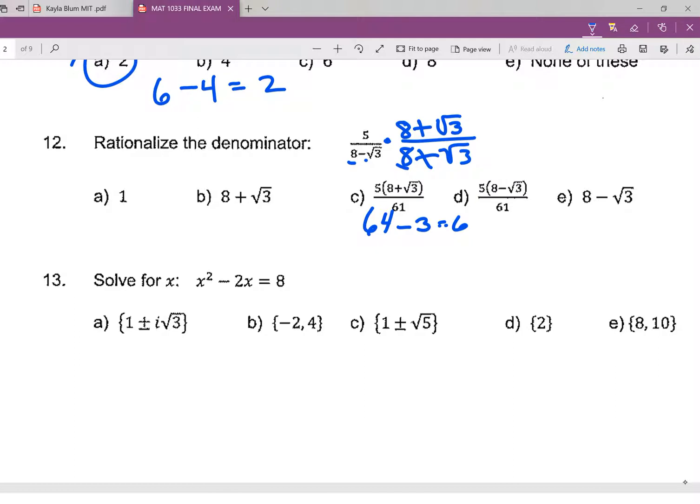So we already know that the answer choices are either going to be this one or this one, just based on that. Now the other little hint is that 8 times 5 is obviously 40, and they don't even ask you to distribute, so if you notice you have 5 times 8 plus square root of 3, there you go. And that's your answer choice.